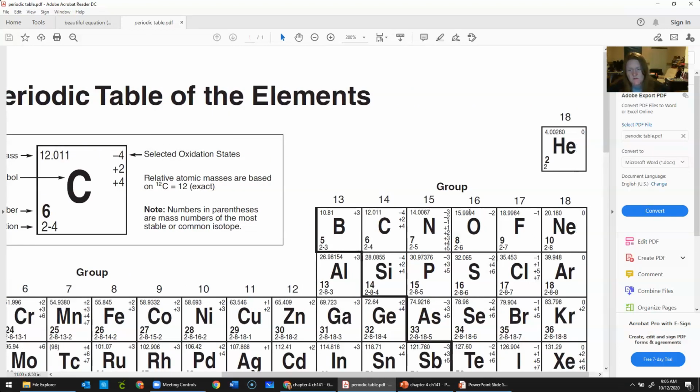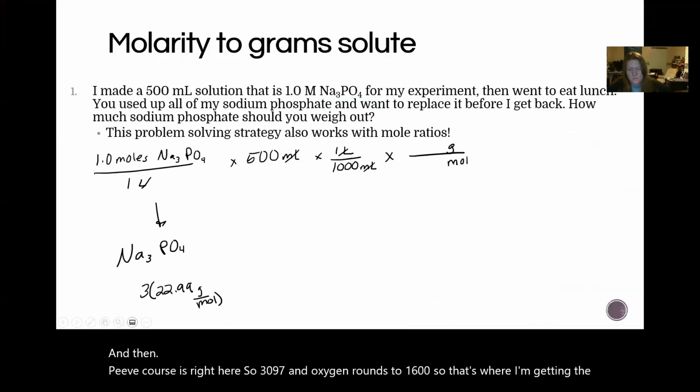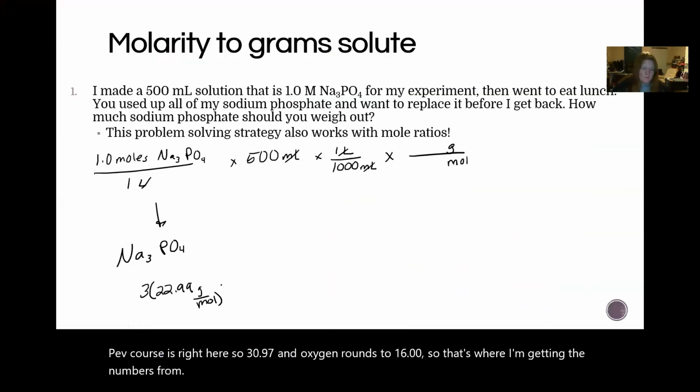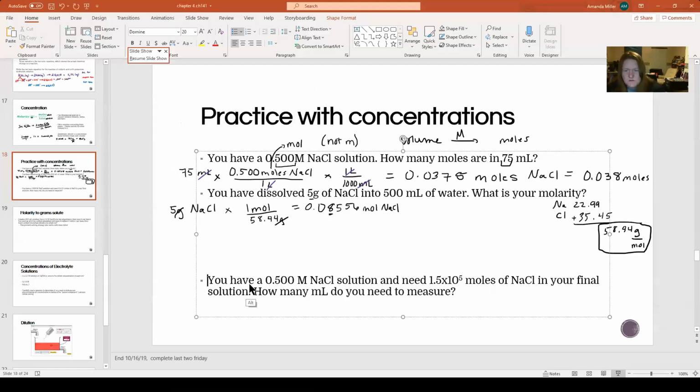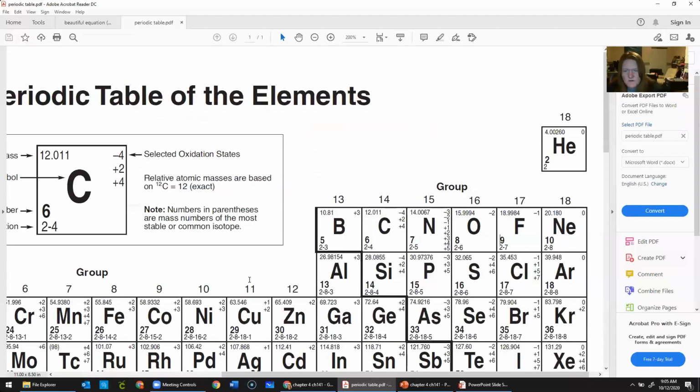And oxygen rounds to 16.00. So that's where I'm getting the numbers from. I put my parentheses in a dumb place. There we go. I already forgot what phosphorus was. Let's go check. Oh yeah, 30.97.